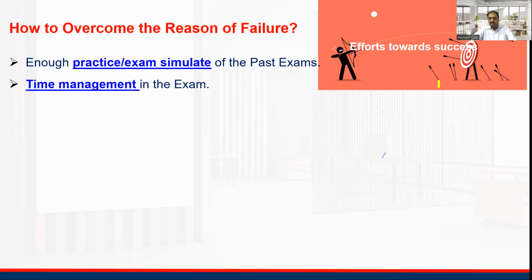Open the system and start attempting, both calculation and theory. For example, at the end of 36 minutes you are able to attempt only 80% of the question. No worries. First time 80%, second time 83%, third time 92%, at the exam 100%. Automatically you will be able to manage the time.